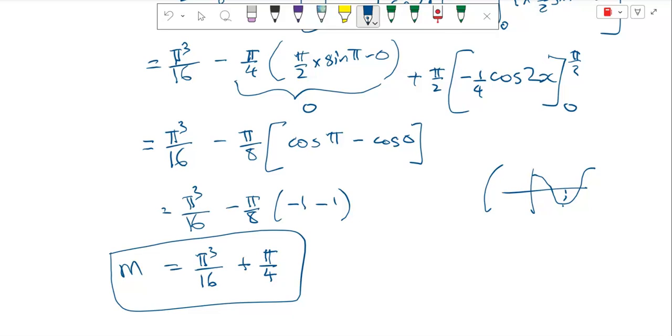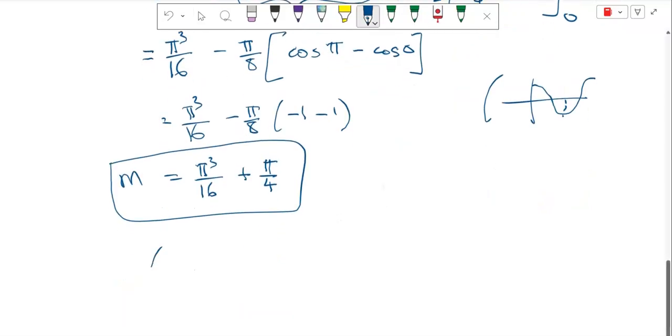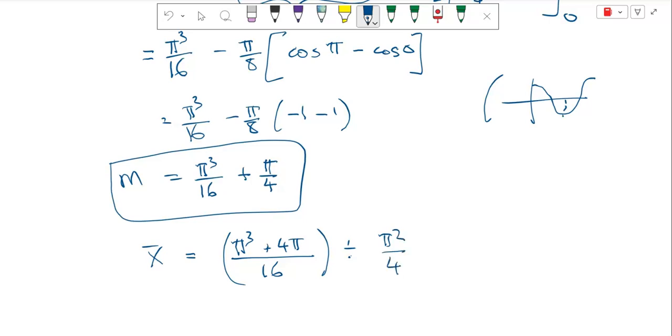And my final bit is just to put m and v together. Right, so the centre of mass is equal to m over v, which is pi cubed over 16 plus 4 pi over 16 divided by v, which is pi squared on 4.